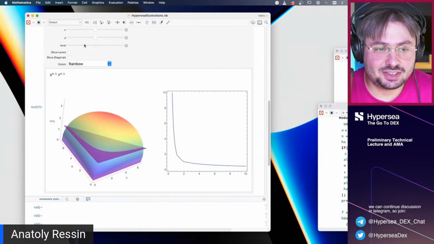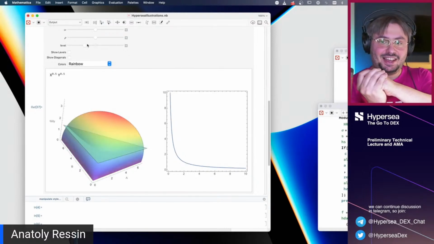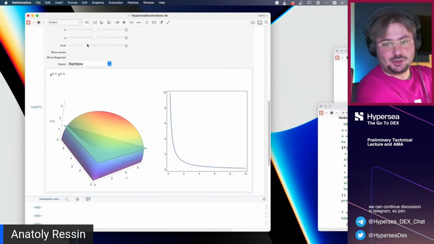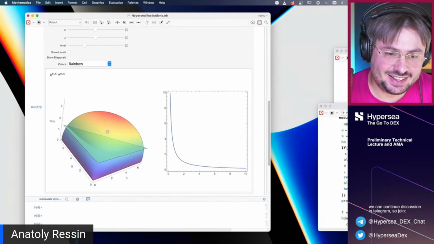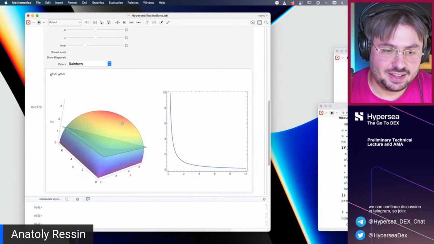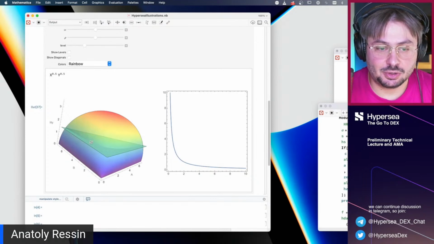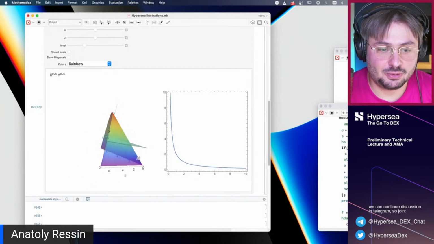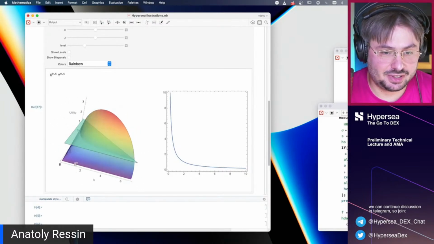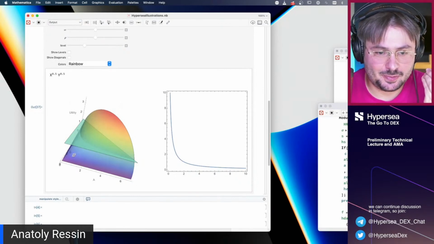You can think that if you take a katana and just slice horizontally the surface, it means that all points on this line that is formed by the intersection of these two things have the same utility.